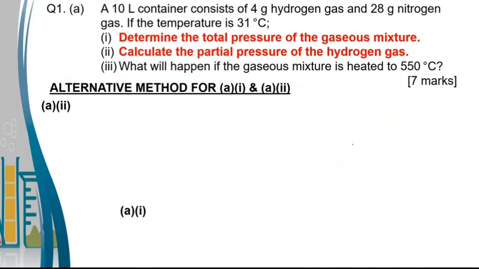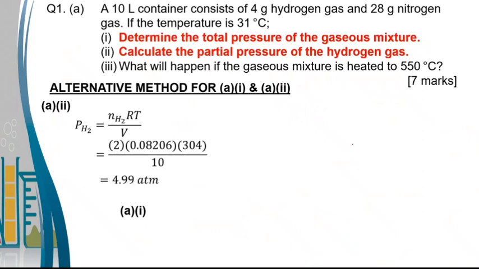Some students might calculate the partial pressure of the hydrogen gas first. That means they might calculate the second part first. Then only they total up the partial pressure.